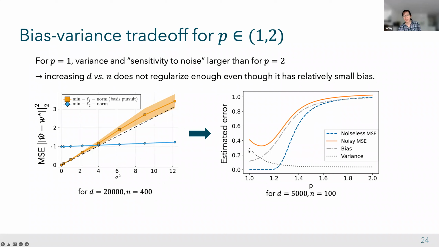And then you have the bias that goes up with the decreasing inductive bias strength, and the variance that goes down when p goes to 2. That's exactly what we showed in the cartoon pictures, now with actual numbers from experiments. The noiseless MSE is here just to show that it follows the usual intuition that p equal to 1 is best. But p equal to 1 being best for interpolators only holds if you have noiseless data. Once you add a bit of noise, the best inductive bias shifts towards 2. That's why we have the blue line here as well.